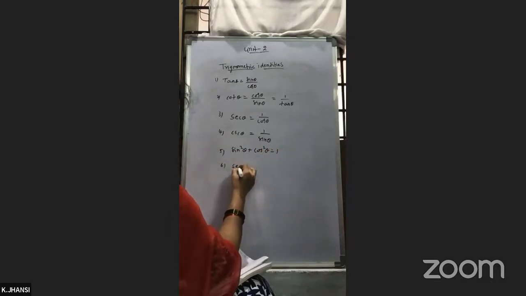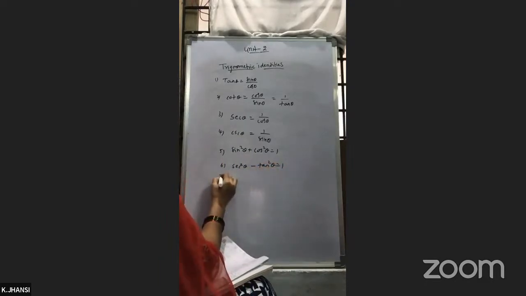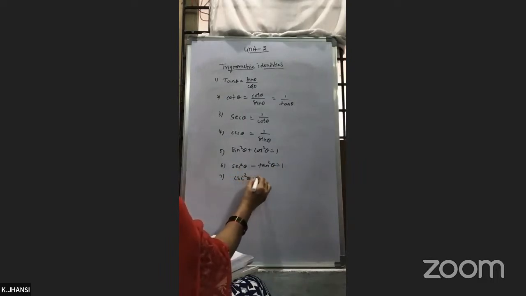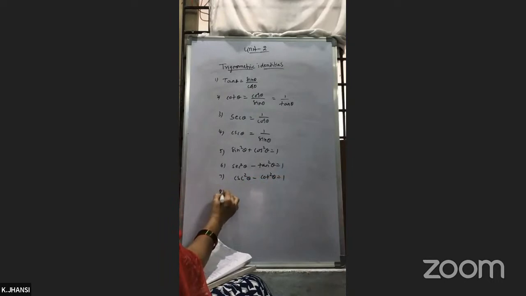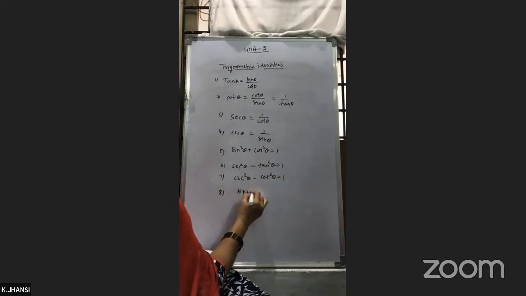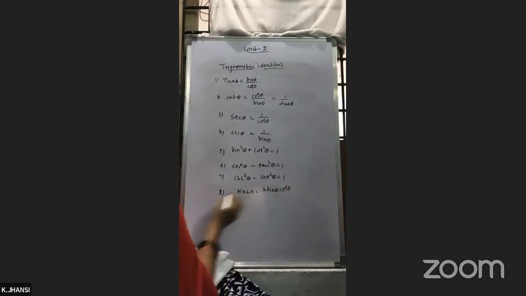And again these formulas: sin square theta plus cos square theta is equal to 1. And secant square theta minus tan square theta is equal to 1. Next, cosecant square theta minus cot square theta equals 1. Eighth one, sin 2 theta is equal to 2 sin theta cos theta.